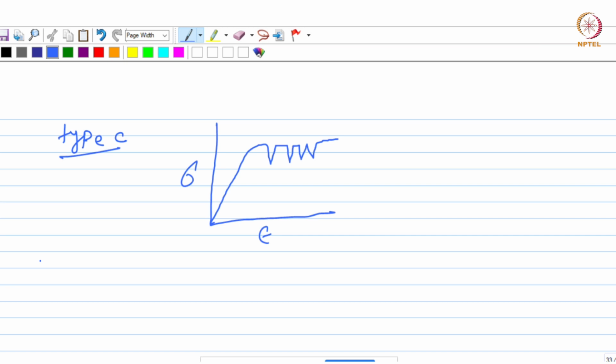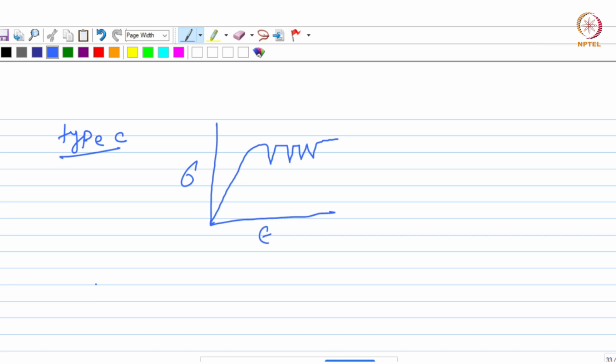So if you remember, we have discussed that the reason for this kind of inhomogeneous plastic deformation is the localization of plastic deformation in a band which propagates along the gauge length of the sample, right?